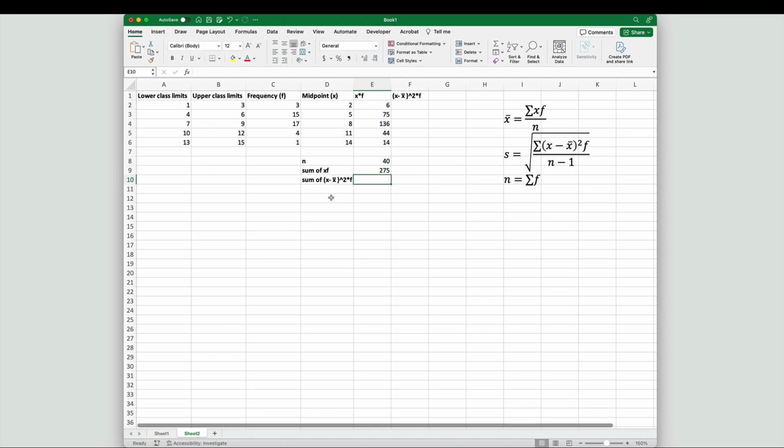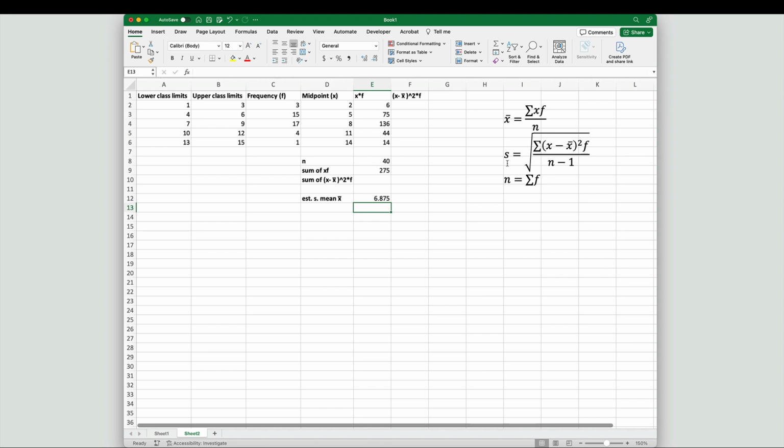Now we're ready to find the estimate for the sample mean, known as x bar. It equals 275 divided by 40. That's my estimate of the sample mean for this problem.